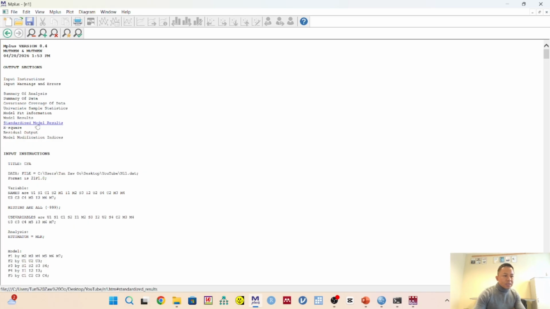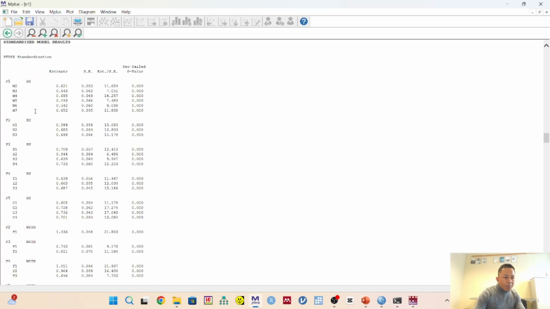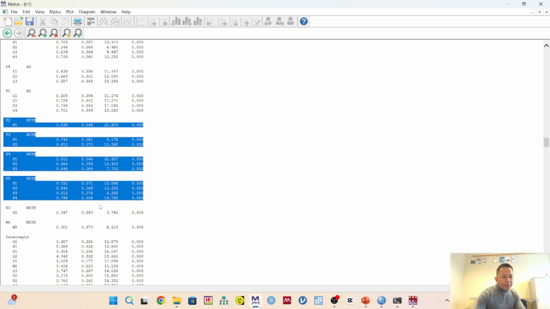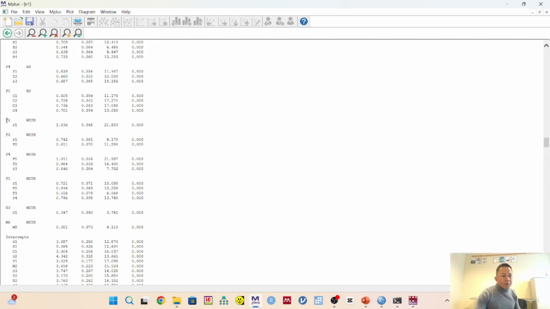Standardized results: let us keep going, model results, standardized. Here, F1 and F2 correlation is more than 1. F1 and F4 is more than 1, and F4 and F2 is also greater than 0.85. It is a very strong correlation.